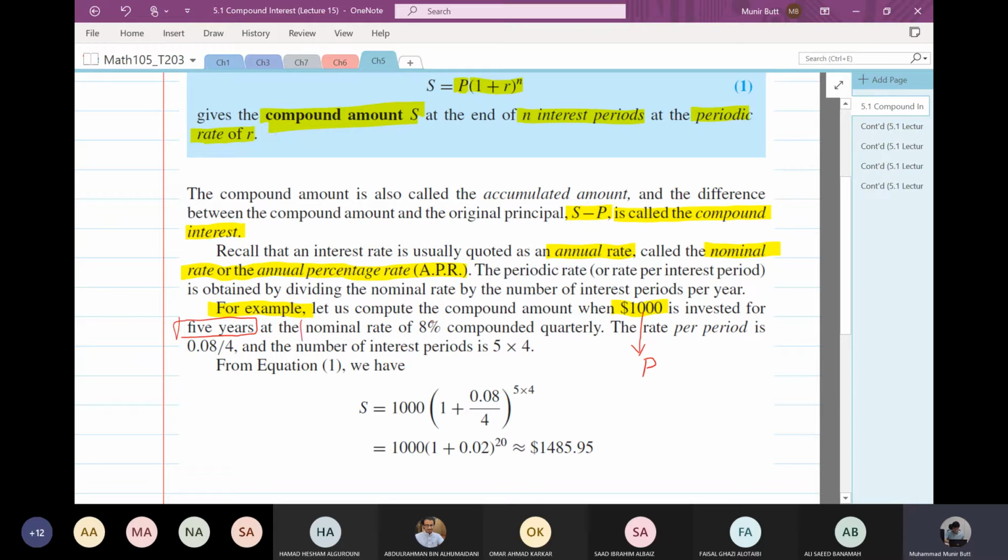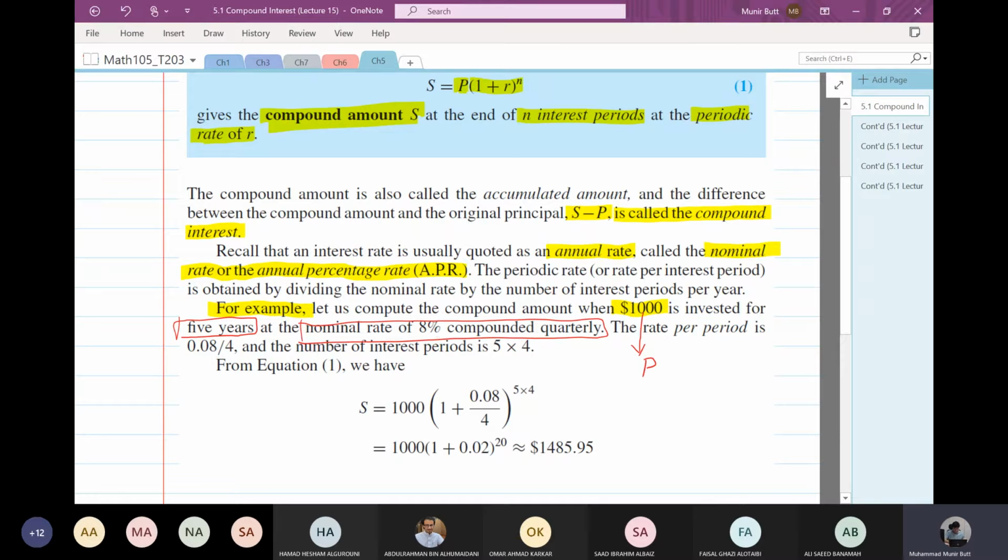So he gave us the annual rate, a nominal rate of 8% compounded quarterly. If 8% is the nominal rate, meaning after 1 year, you divide by 4 to get the quarterly rate.